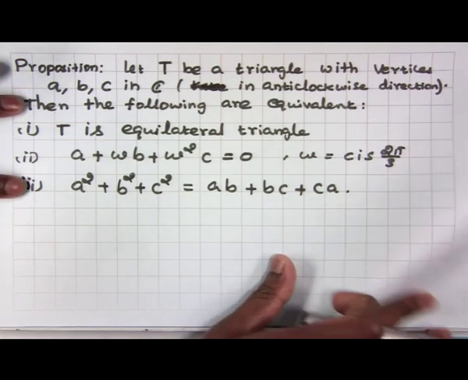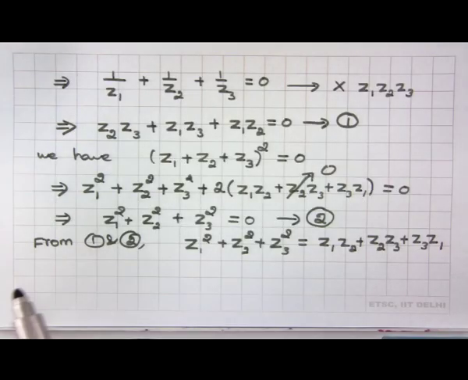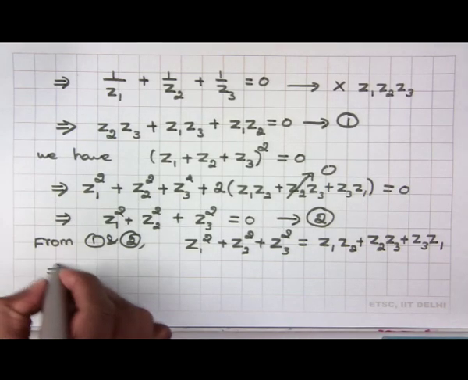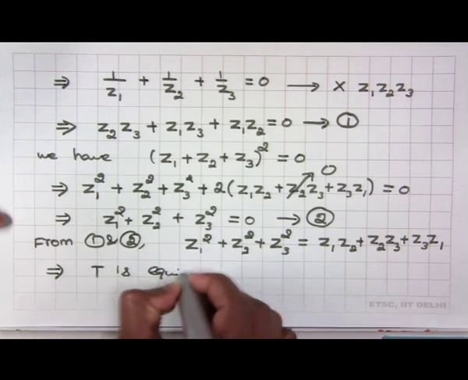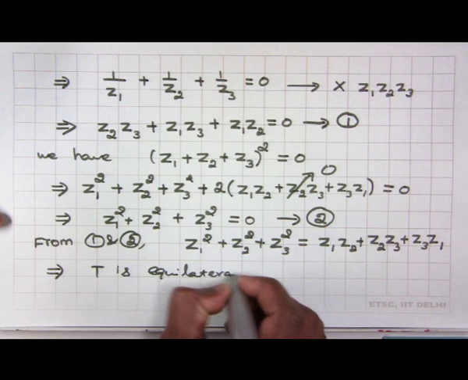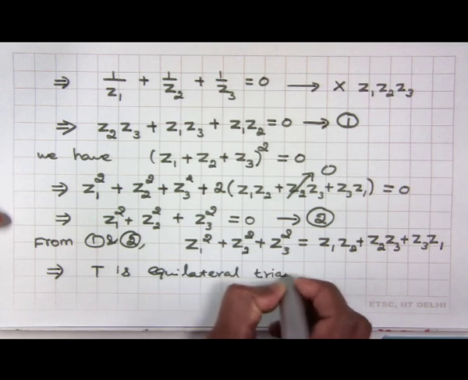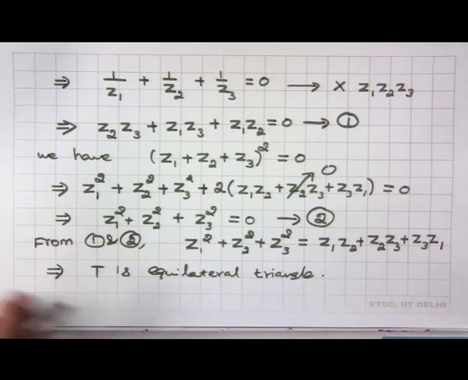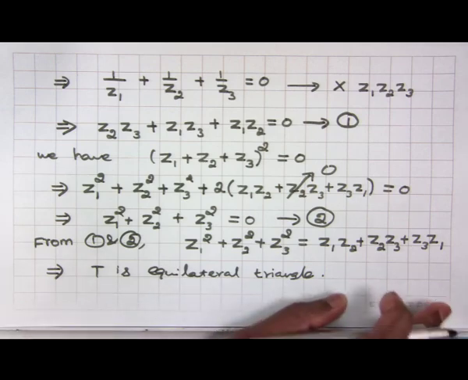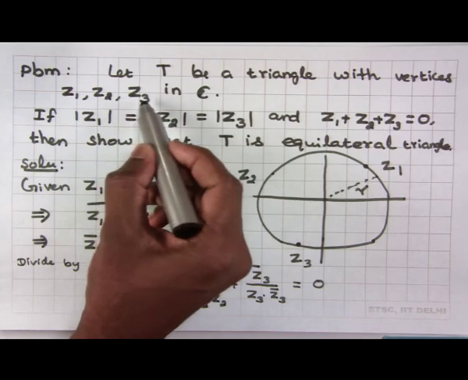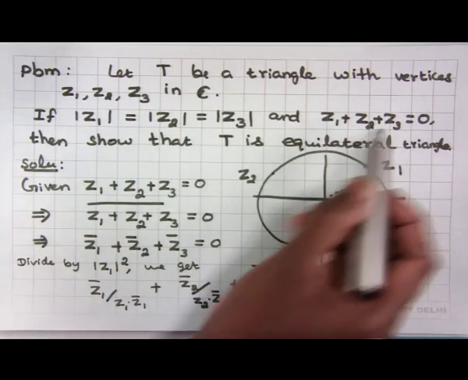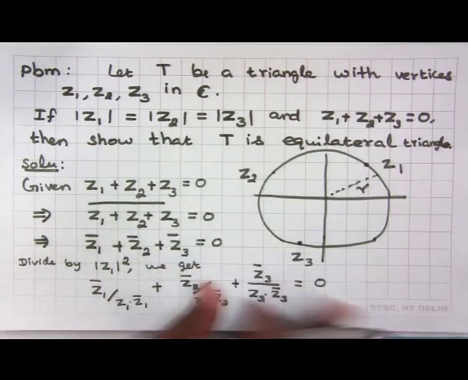From this result we get that T is an equilateral triangle. Hence, we have proved the given problem: if Z1, Z2, Z3 satisfy these equations, then it is an equilateral triangle.